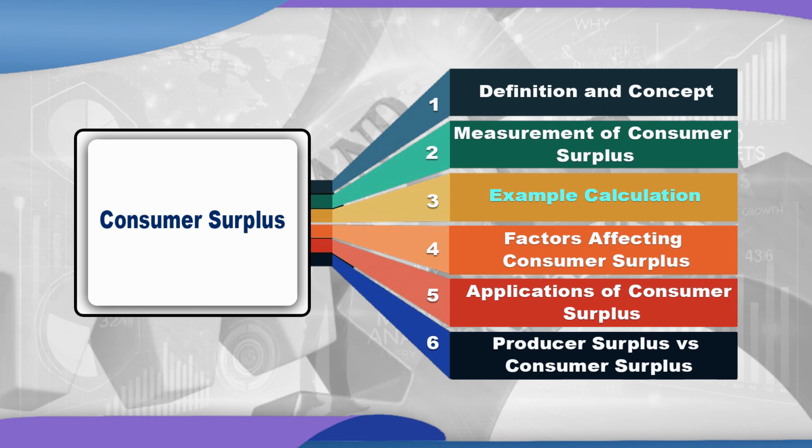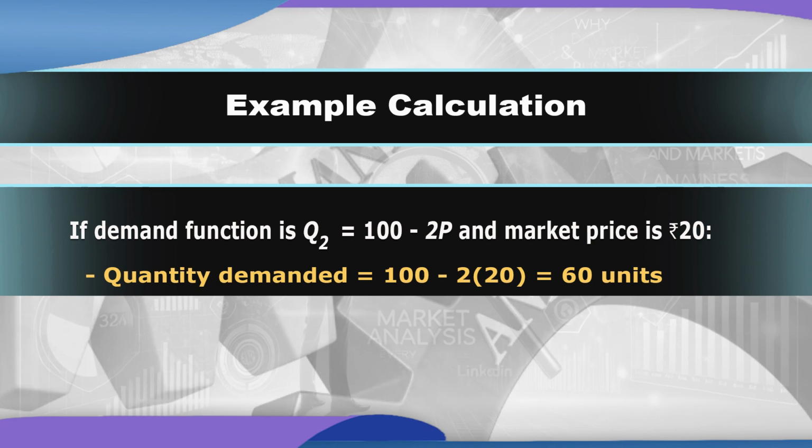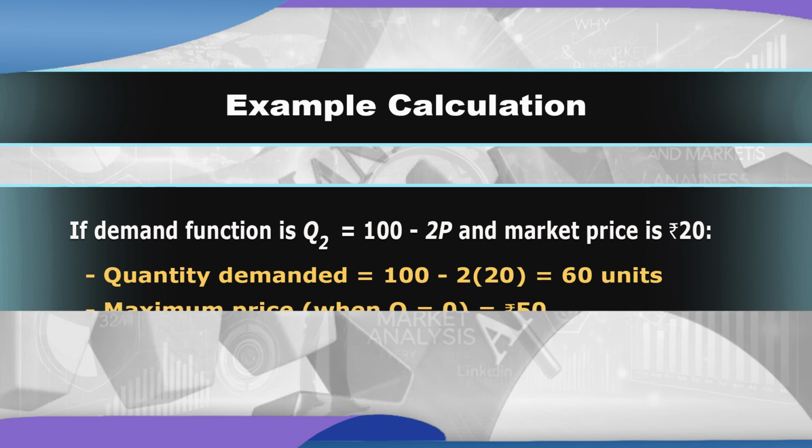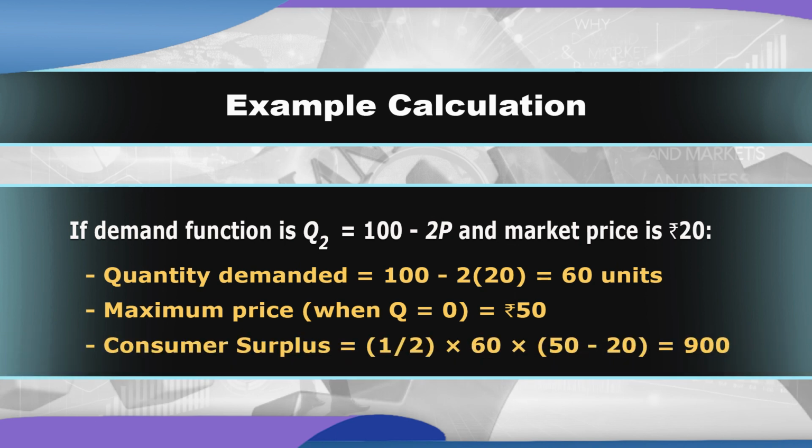If we take an example for the calculation of this, suppose the demand function Q is 100 minus 2p and the market price is 20. In this case, the total quantity demanded is going to be 100 minus 2 multiplied by 20, that is 60 units. The maximum price when Q is equal to 0 is 50. What about the consumer surplus?